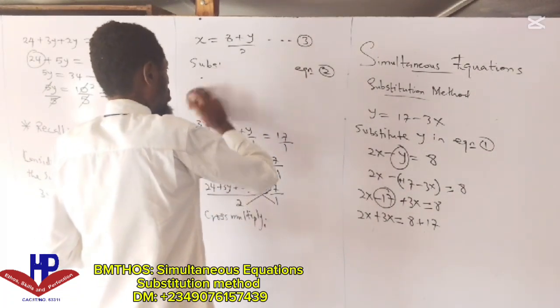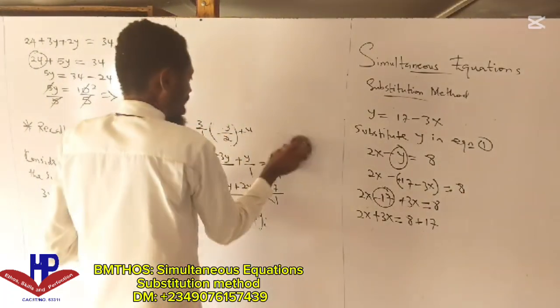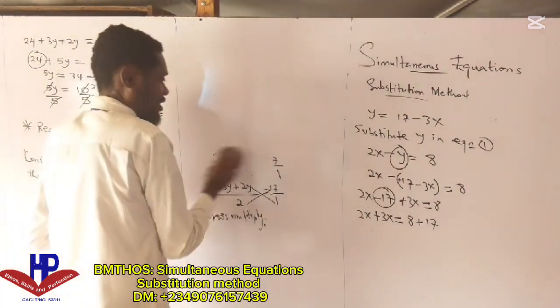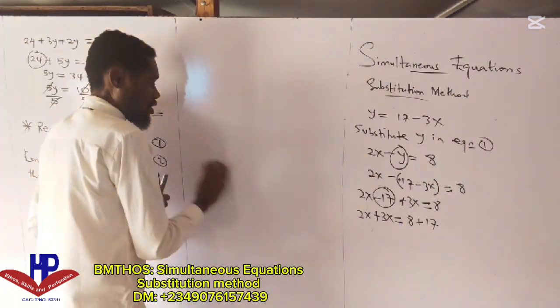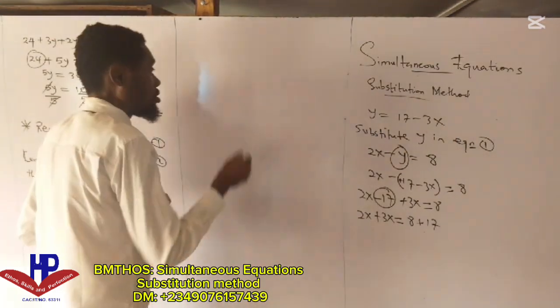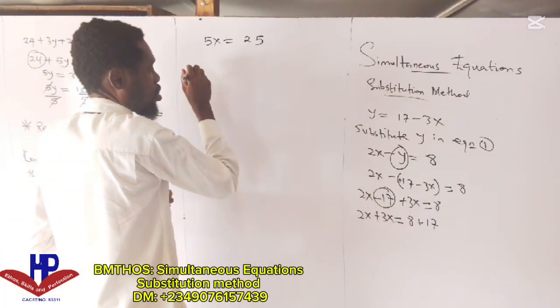If we do that simple computation, you will notice that we have 2x plus 3x is 5x and 8 plus 17 is 25. So we have 5x is equal to 25.